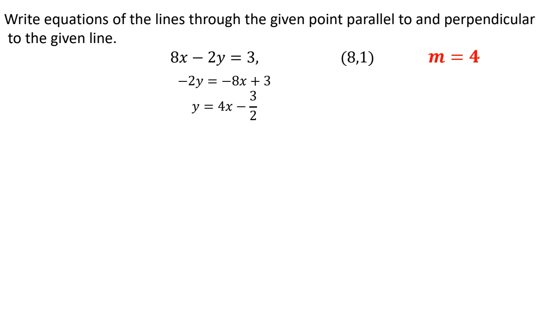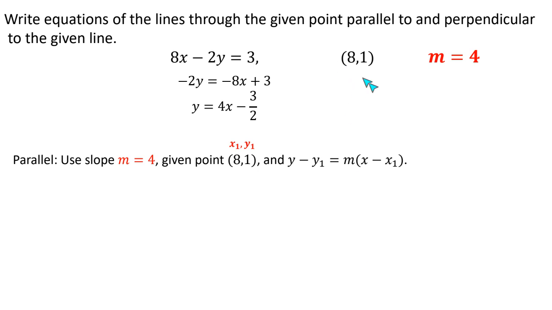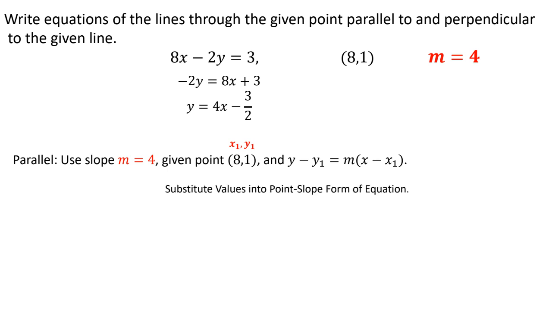Okay, so now that I have my slope and I have a point, I can use the point slope formula here. y minus y1 equals m times x minus x1. I'm going to plug in the information I have. That's going to give me y minus 1, that comes from the point. My slope, x minus 8, which is also from the point.